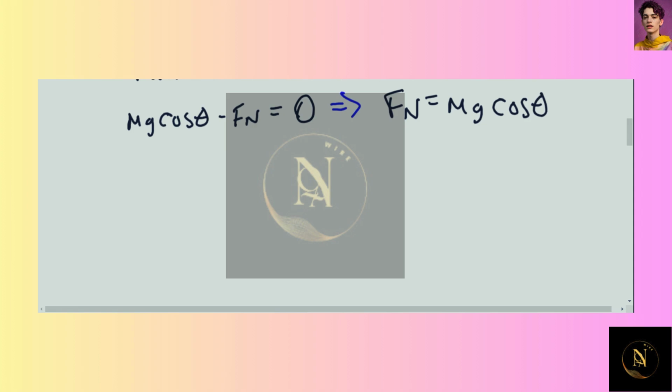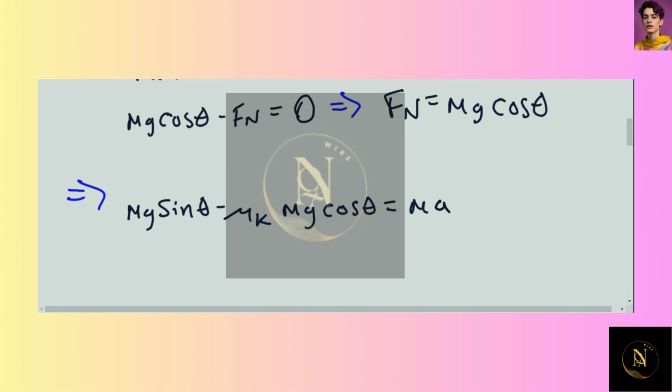So now we have mg sine theta minus mu k times the normal force, which is now mg cosine theta, equals mass times acceleration.